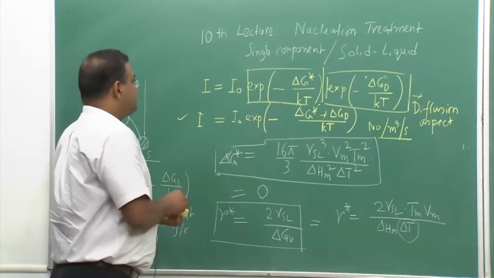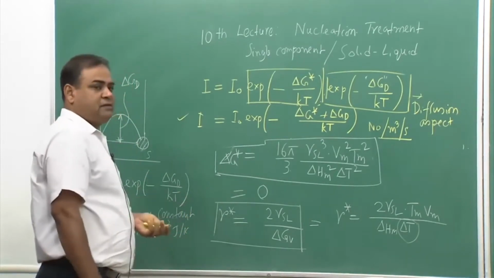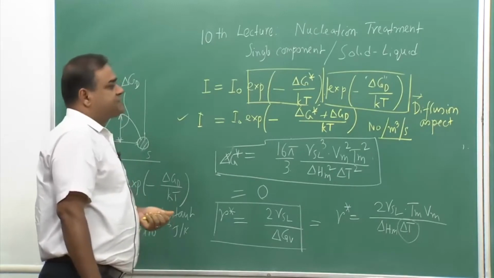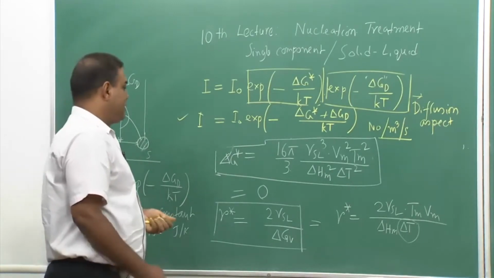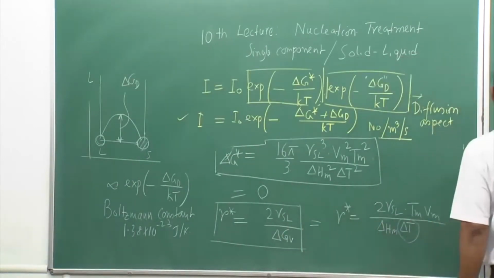Now, if we try to see the variation of R star and the variation of I, we can get some interesting information. Let us see that information in the form of a graph.